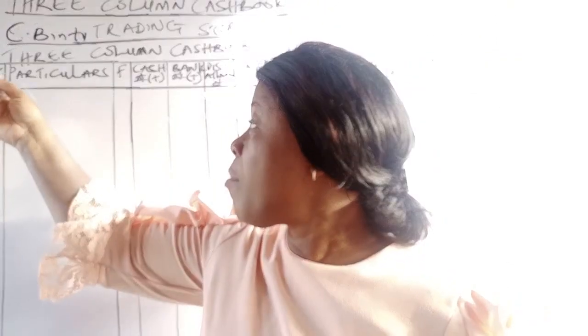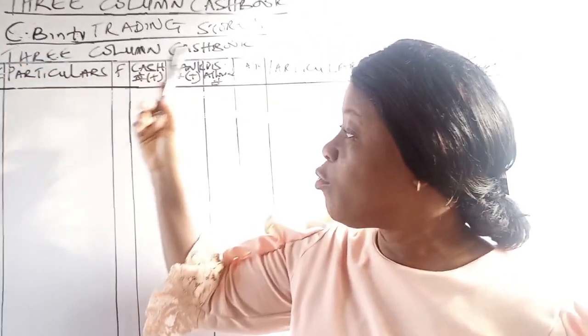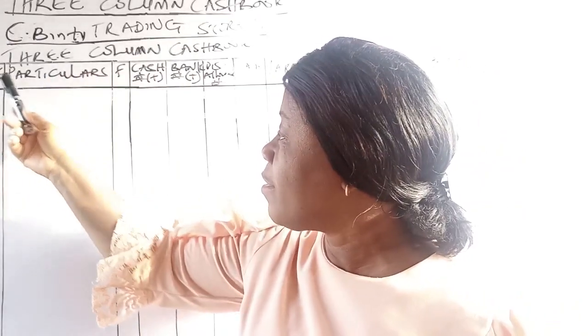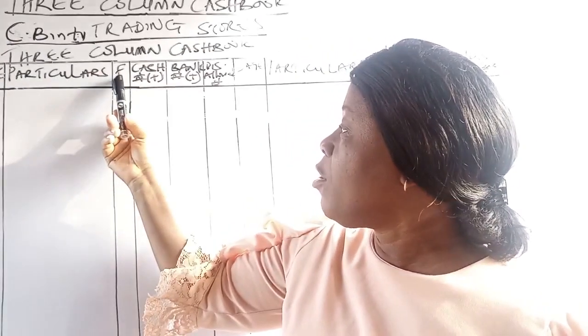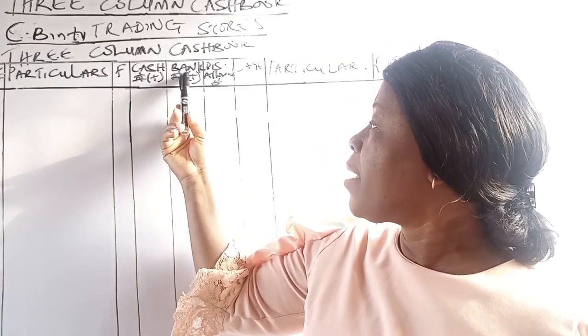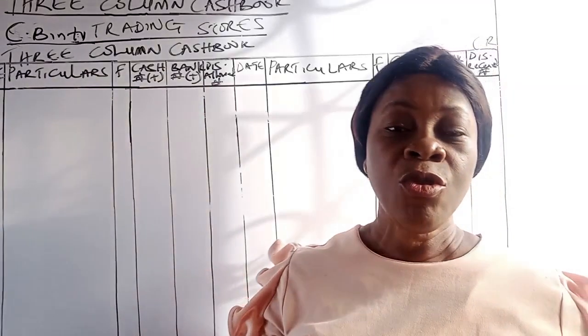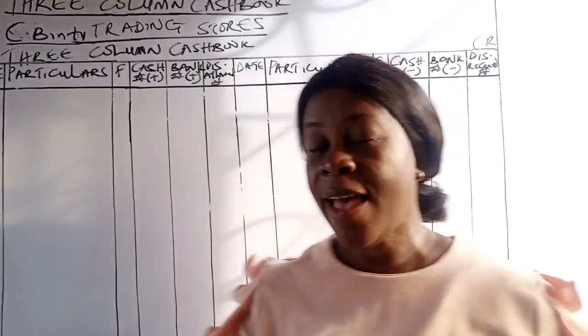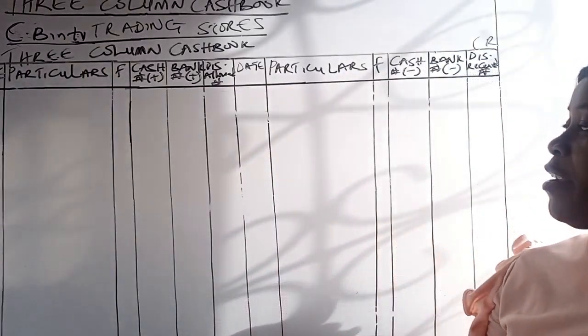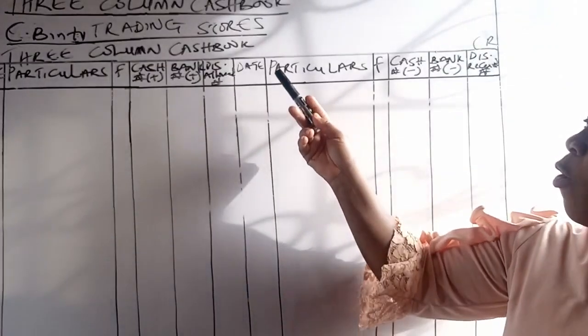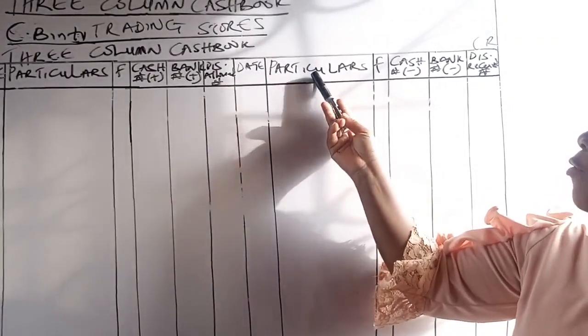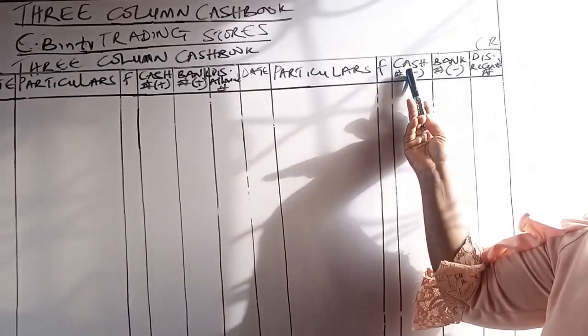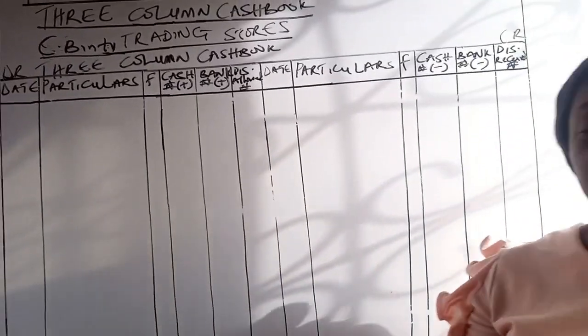Meaning the debit side of a three-column Cashbook has columns for date, particulars, folio, cash, bank, and discount allowed on the debit side. Equally, on the credit side, there are columns for dates, particulars, folio, cash, bank, but discount received on the credit side.